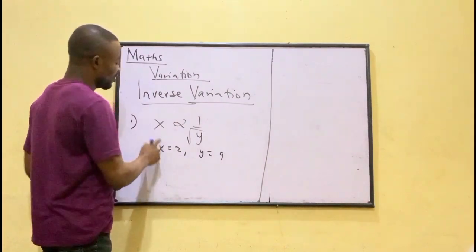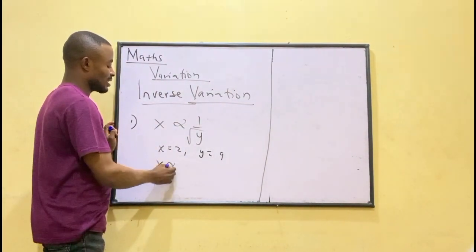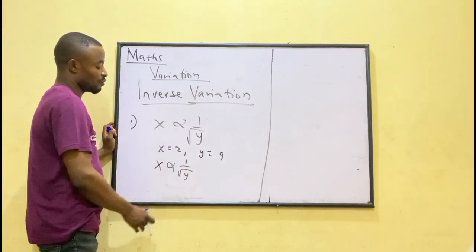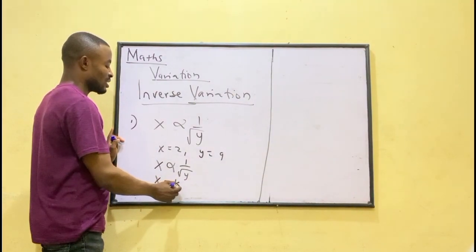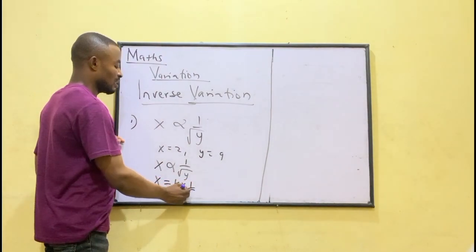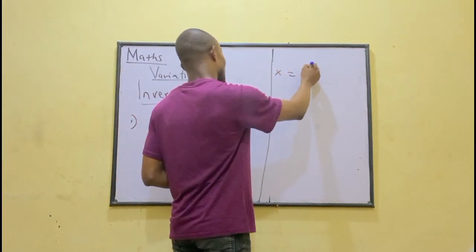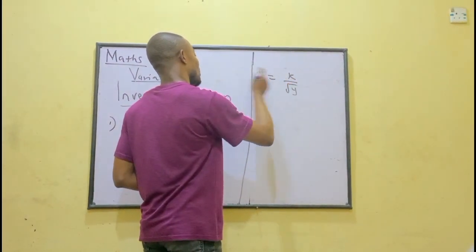Since you have that x is inversely proportional to the square root of y, let's put this in order. So this becomes k times 1 over root y. So x is equal to k times 1, which still gives you k over root y.